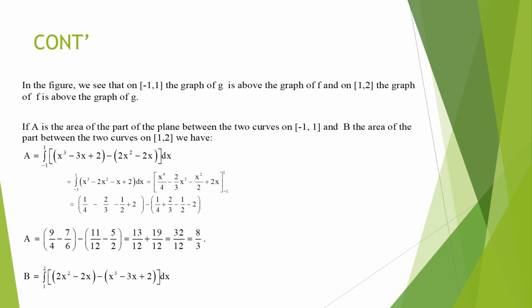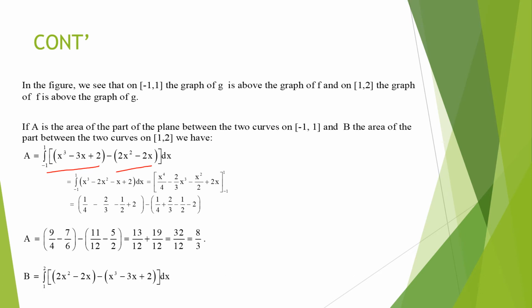So the area of the part of the plane between the two curves over the interval from negative 1 to 1 is equal to the integral from negative 1 to 1 of (2x^2 - 2x) minus (x^3 - 3x + 2) dx.